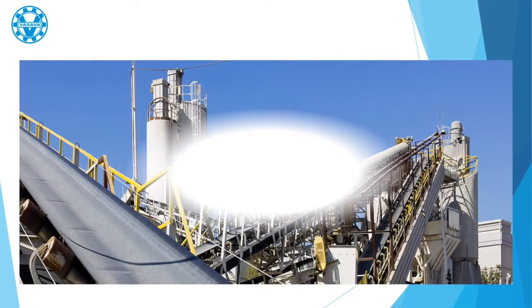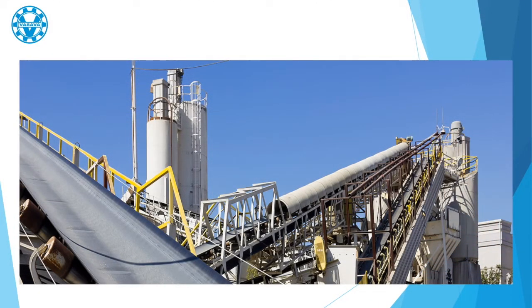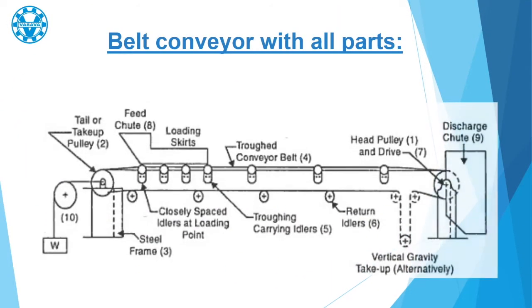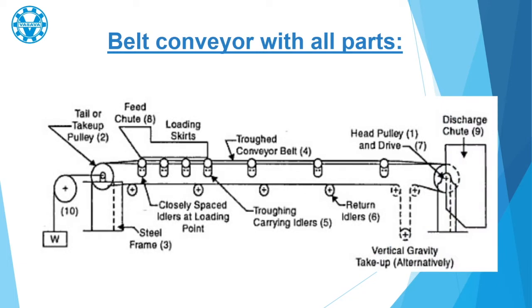Let us go into the details. Say, let us take a belt conveyor. There are several components in it: gearboxes, motors, pulleys, idlers, stringers, the conveyor belt itself, and above all counterweights in the take-up device.